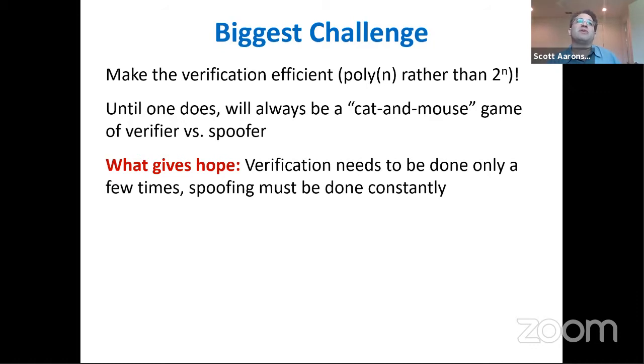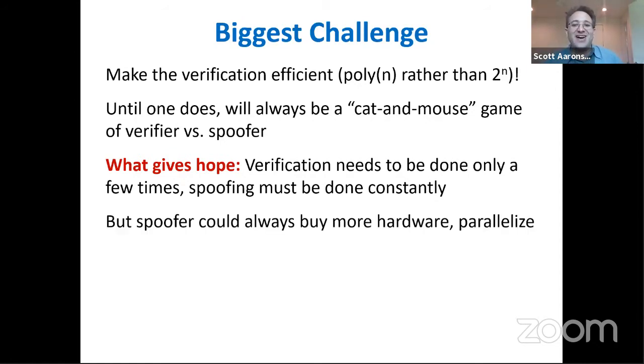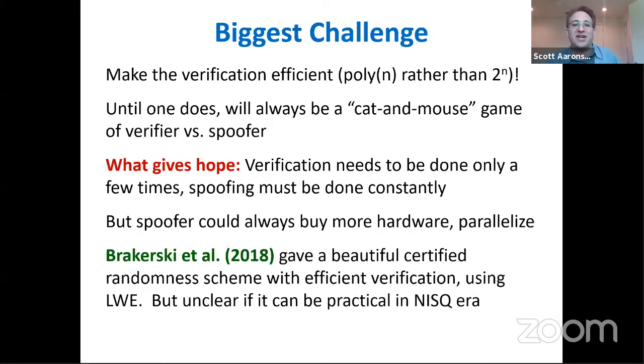If you had a quantum computer that could do 1 round per second, then the spoofing with your classical computer would also have to happen once per second. But on the other hand, the spoofer could always buy more hardware. They could parallelize. Maybe they could even spend billions of dollars to buy however many petabytes of RAM to do something like the Summit machine, but in RAM. So you're always kind of worried about that kind of thing.